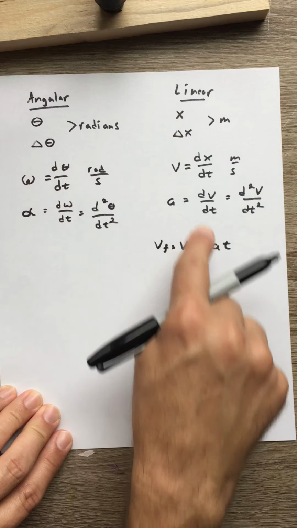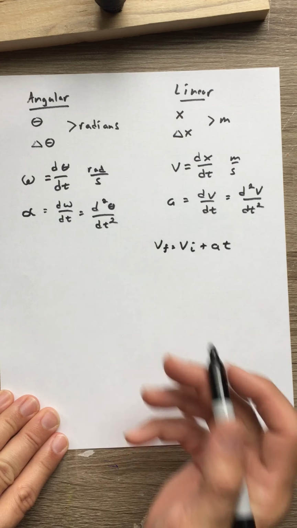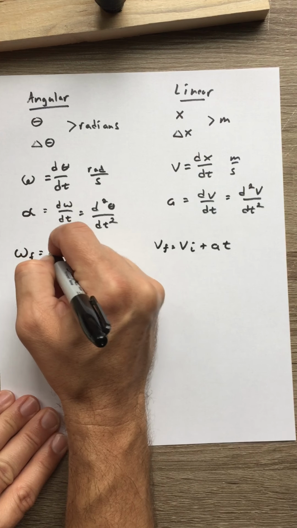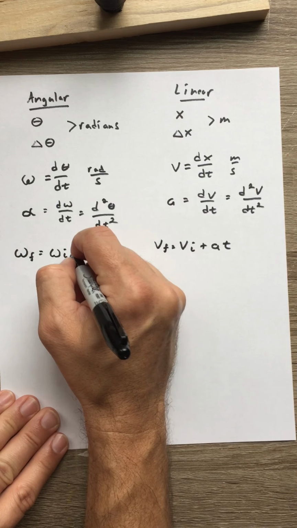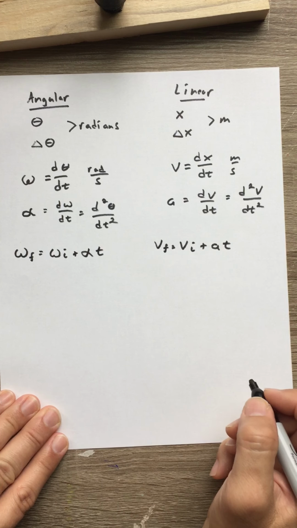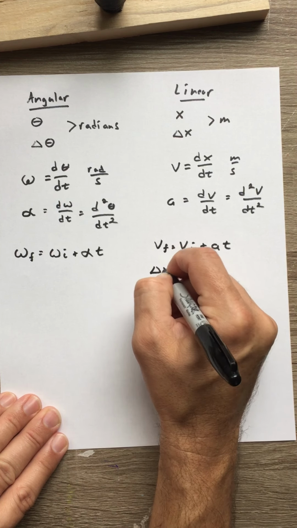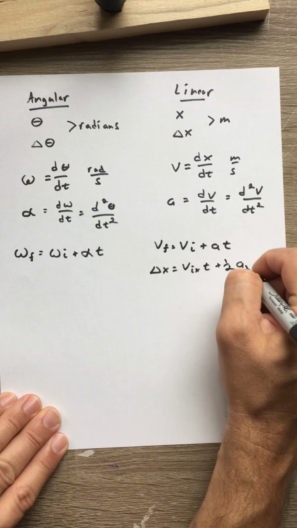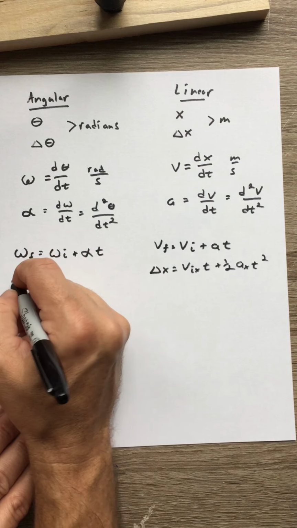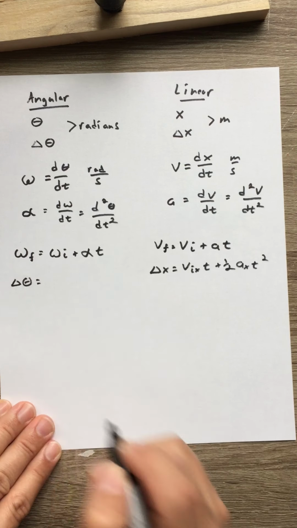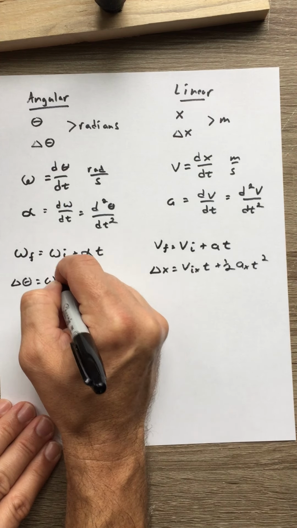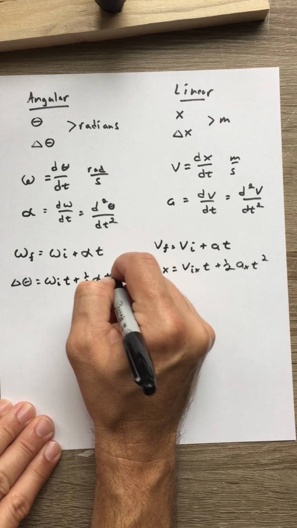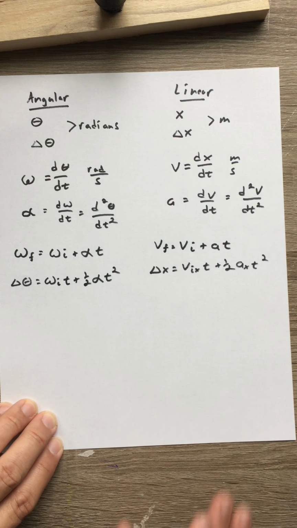Just by looking at the analogs between the Latin and the Greek, I could actually form this in angular form. Omega final is equal to omega initial plus alpha t. Delta x is equal to v initial x t plus 1/2 a x t squared. Well, delta theta is equal to omega initial t plus 1/2 alpha t squared, and so on and so forth.